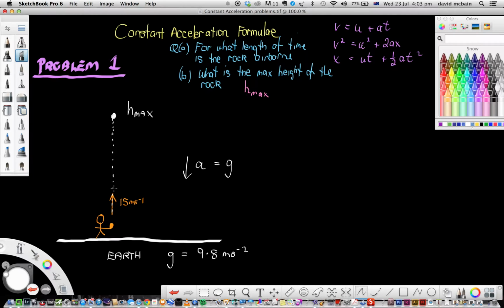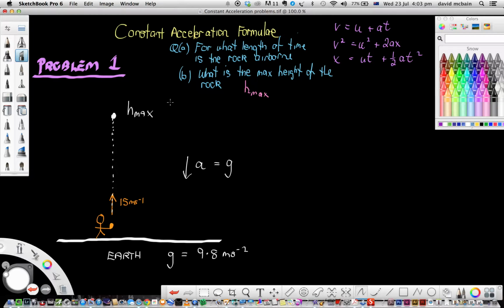Now if you think about that, if this ball is going straight up, moving up and slowing down, at some point for a small instant of time, it will actually be at rest. So the moment it reaches its maximum height, it is for that instant at rest. Its velocity is 0. Then it will start to speed up again as it falls back to the earth.